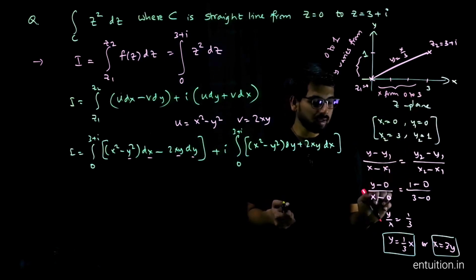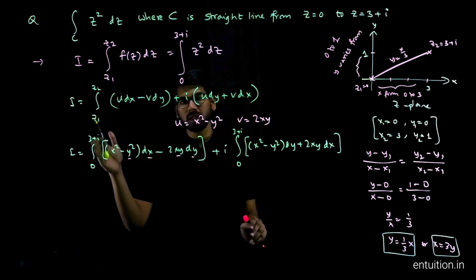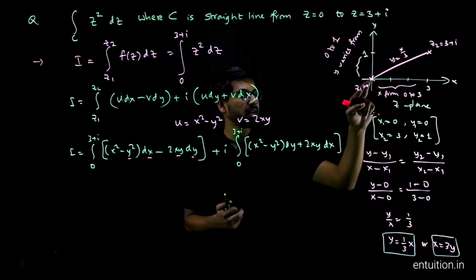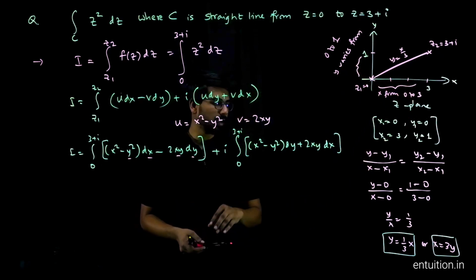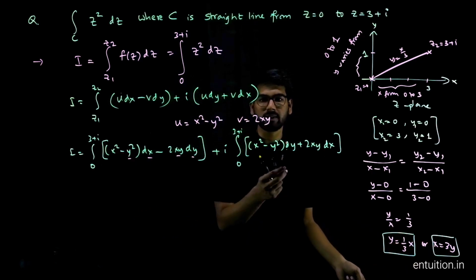Why do we need that? If we replace y or x, we should also replace the limits. The limits will no longer be 0 to 3 plus i, it will either be 0 to 3 or 0 to 1 based on what we have here. So I will use x equal to 3y to replace all the x's with y.